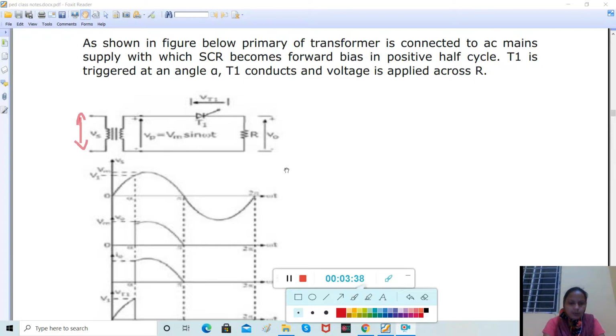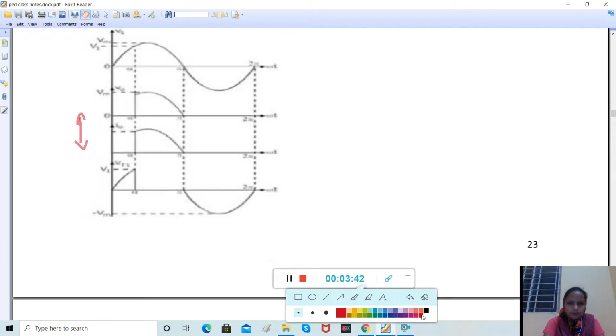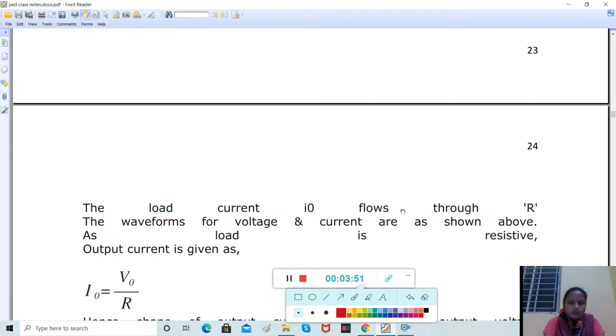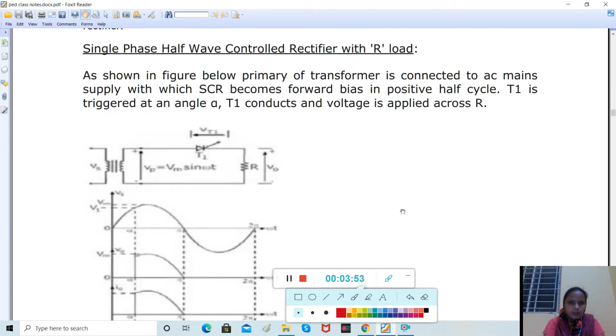This is the waveform, which we will discuss just after some time. See here the supply voltage.